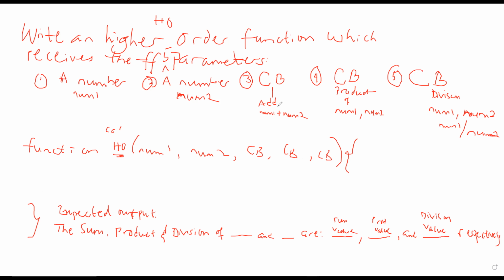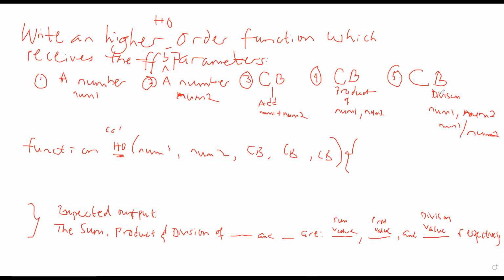But I'm stressing it. This callback must be the one to do the addition, not this higher order function. This callback must do the addition. This callback must do the multiplication.